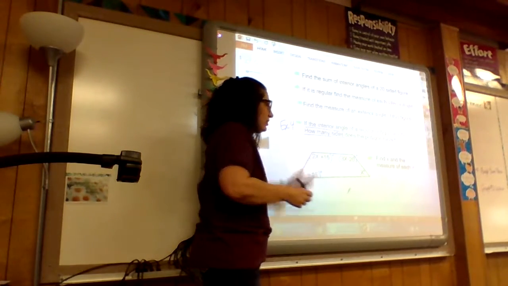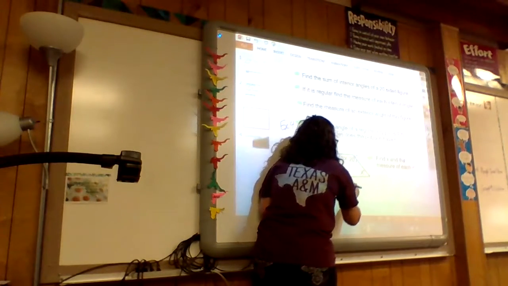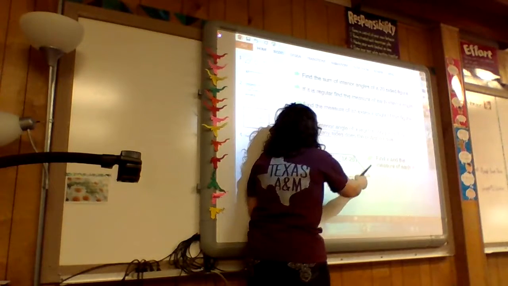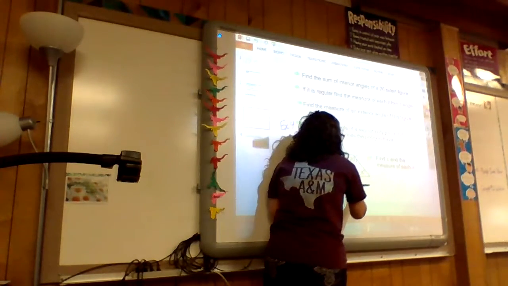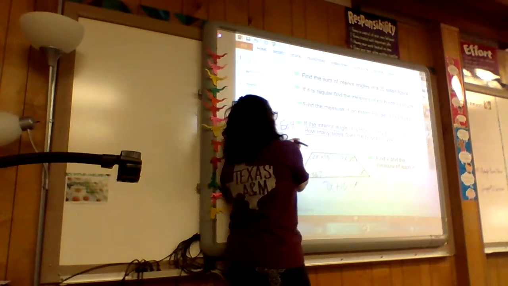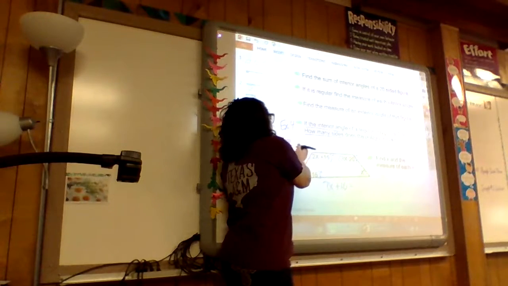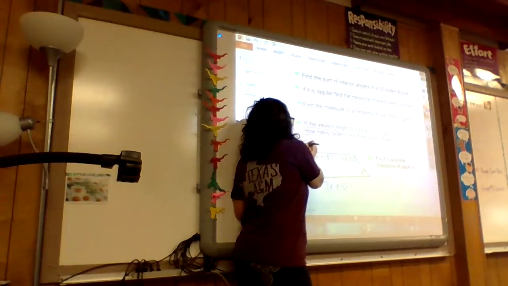We're going to use it for this figure, but when we put these together, that's 7x plus 10, 2x plus 3x plus 1x plus 1x, 15 plus 15, 30 minus 20, 10. It does not equal the same amount as a triangle. It equals 2 triangles, which is 4 minus 2 times 180 degrees.